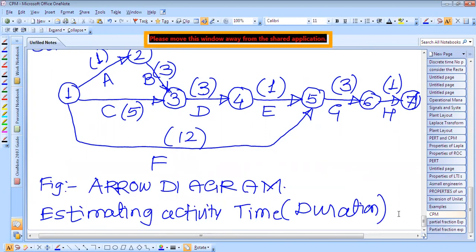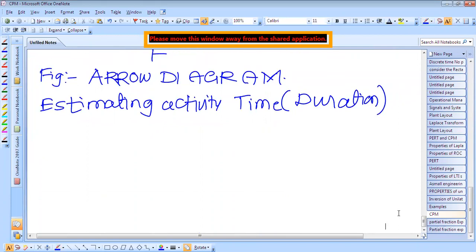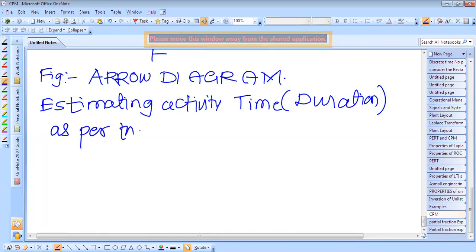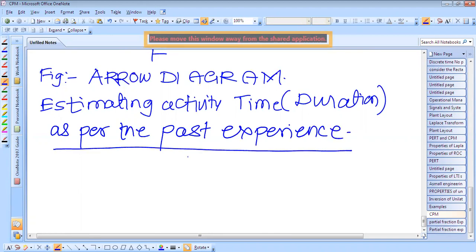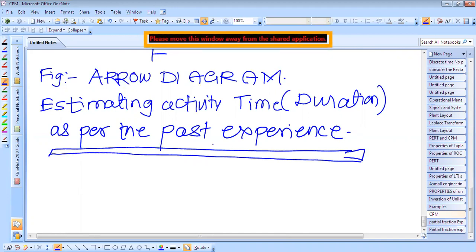The estimating time we have already written as per the past experience. If the worker working on that project is an experienced worker, then he has the past data with him, and we have taken the help of that. And the next activity is the preparation of the analysis table.